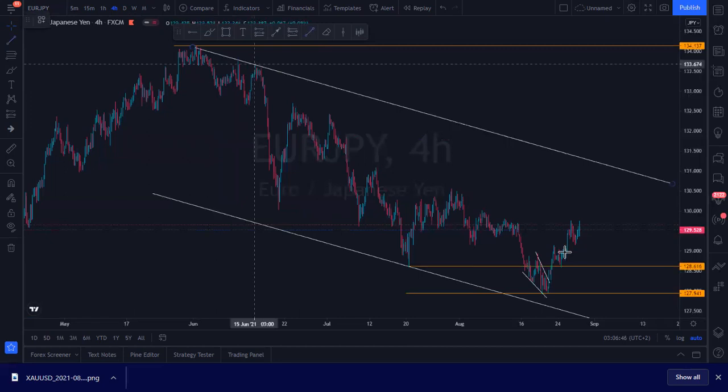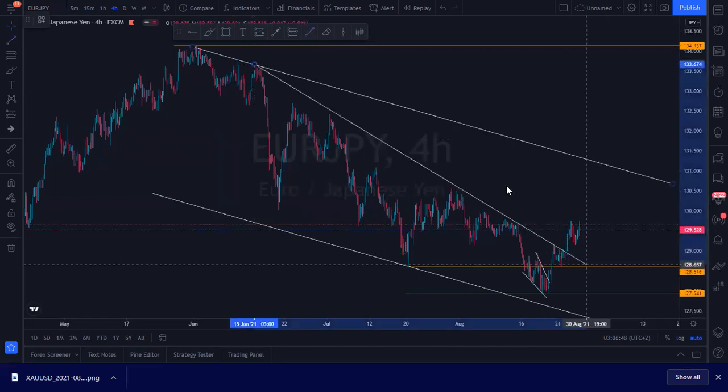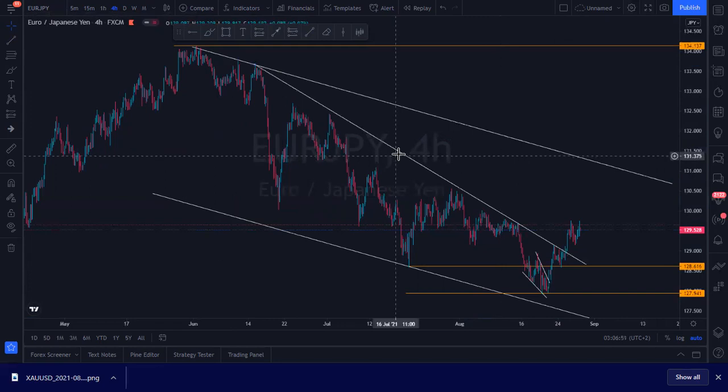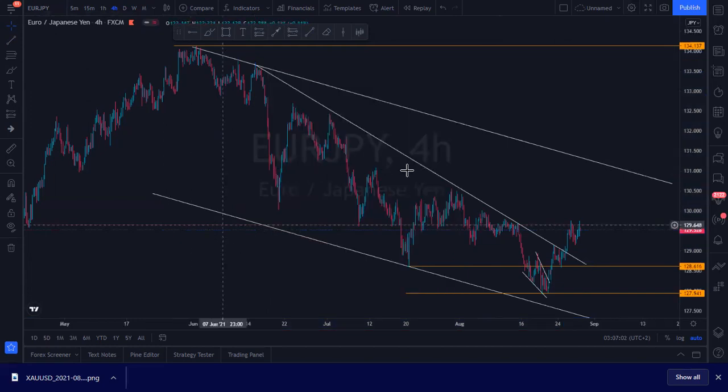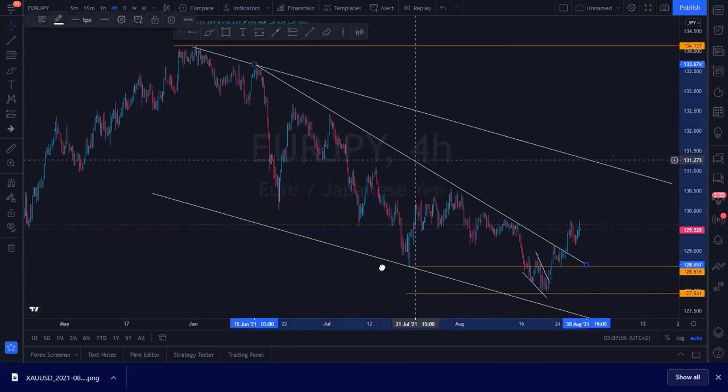Now I'm going to analyze within this descending structure, and I'm going to make sure my trend line appears on the daily, 4 hour and 1 hour time frames. Why am I doing this? Because it makes my charts clean.